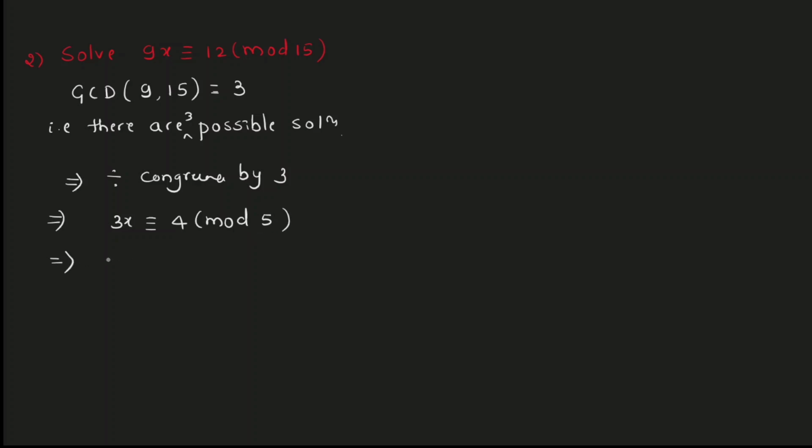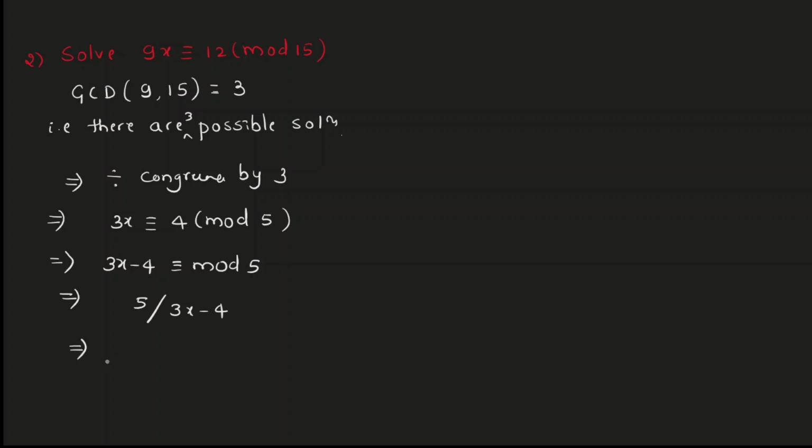You can write this as 3x minus 4 mod 5, or we can write it as 5 divides 3x minus 4.